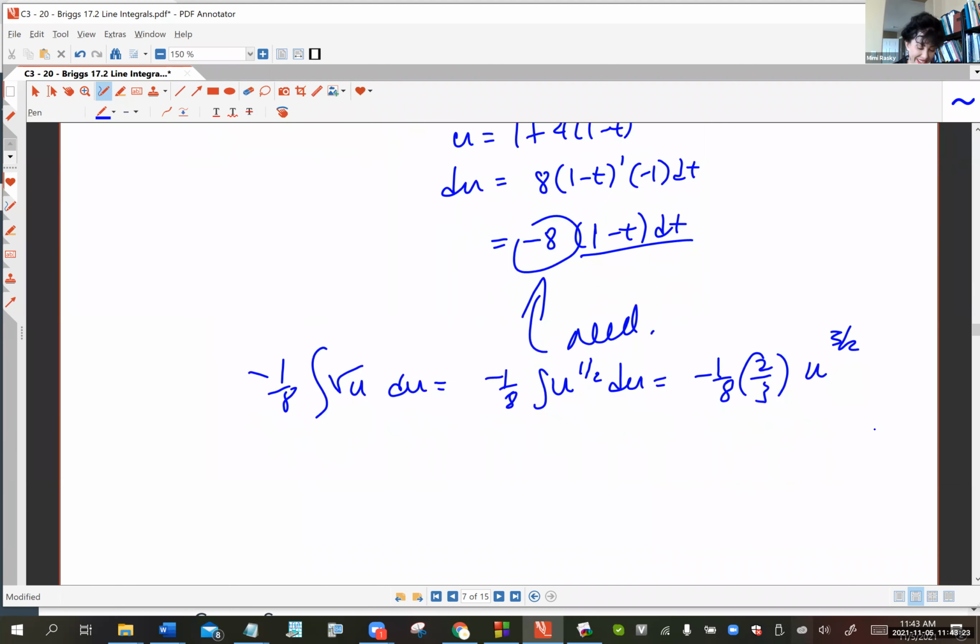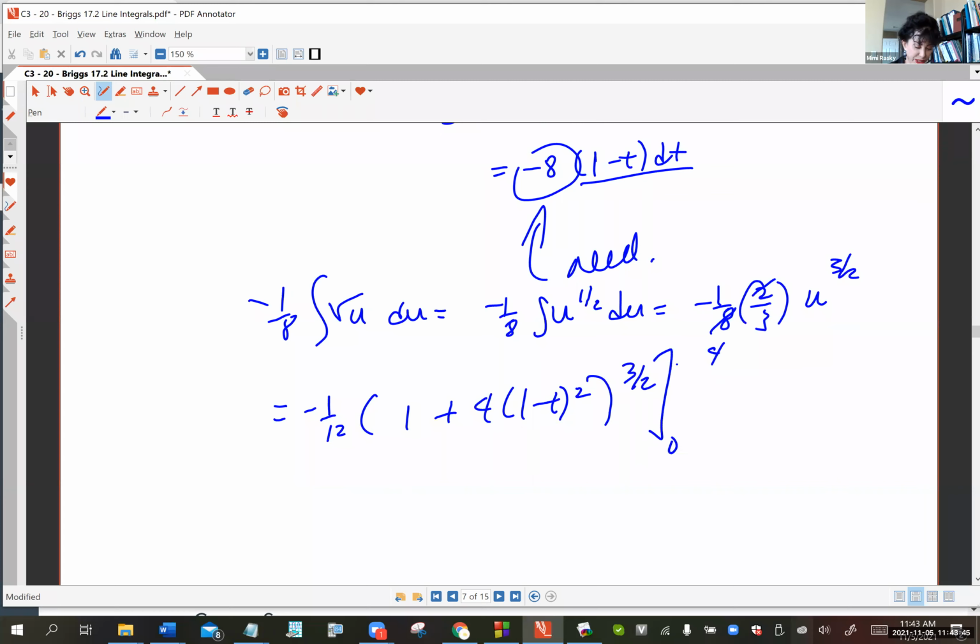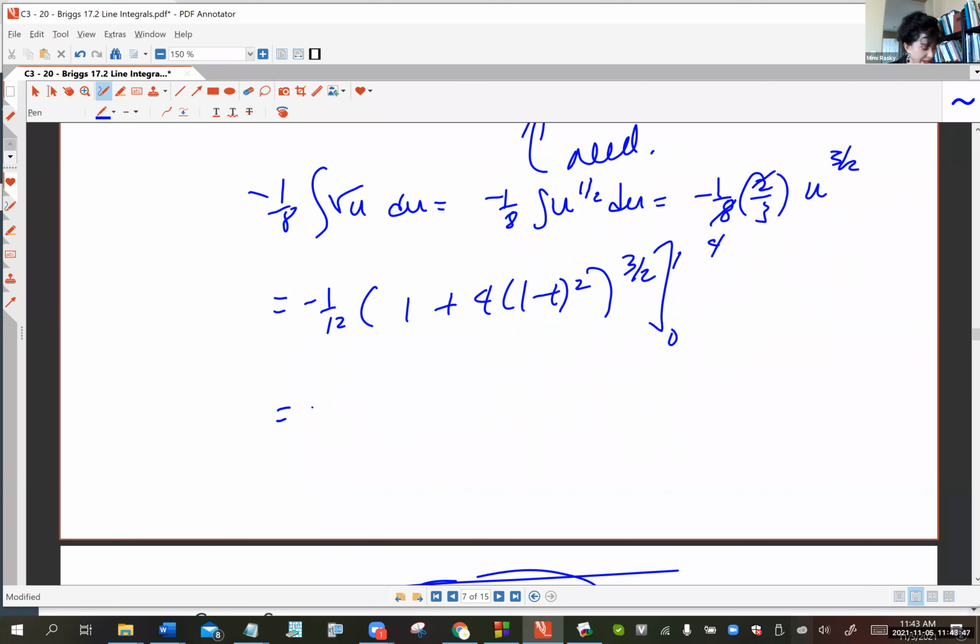And then let's see, I'll clean this up a little bit. And then I'll back substitute for u. Oh man, I better leave myself a lot more room because my u was this 1 plus 4 times 1 minus t squared. Woo! And then when I evaluate this between 0 and 1, oh my, I'll pull the 1/12 out.